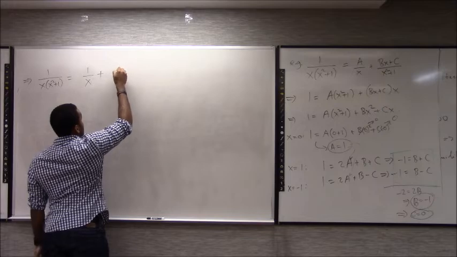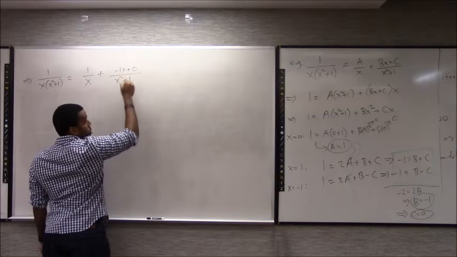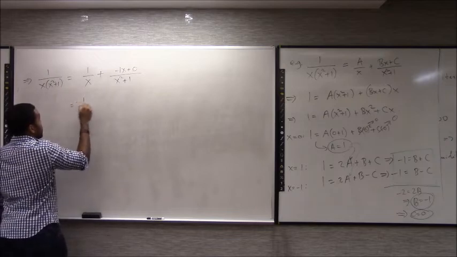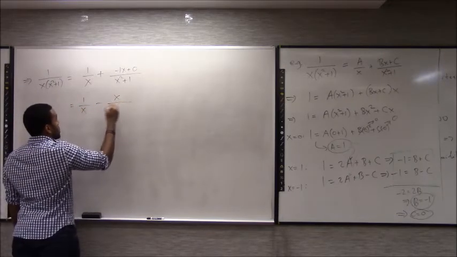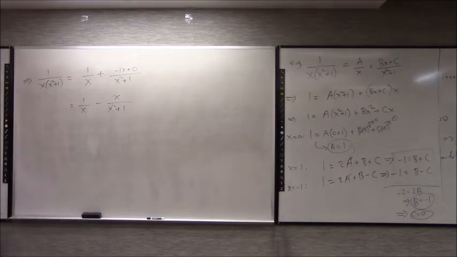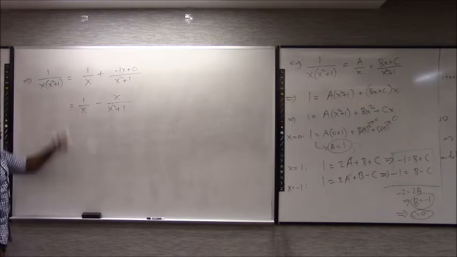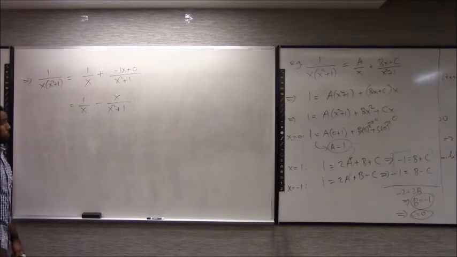So this is minus 1x plus 0 all over x squared plus 1. Or in other words, this is 1 over x minus x over x squared plus 1. And once again, you can actually check that these two will add up to that.